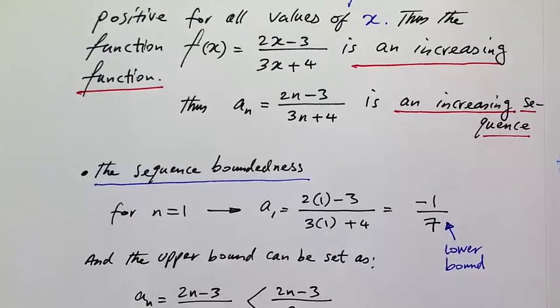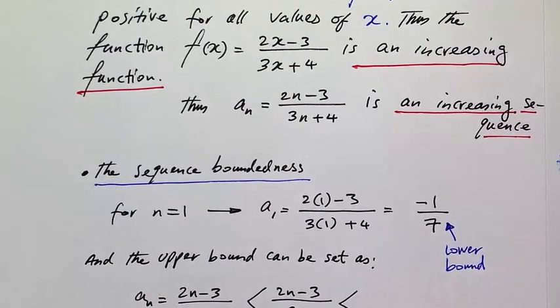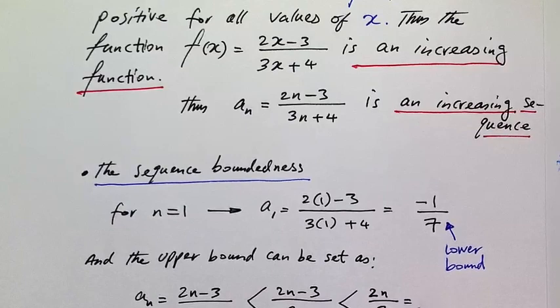We've just made the denominator smaller. The numerator we kept the same, but made the denominator smaller. So for sure, this quantity will always be larger than that. But this quantity is going to be less than 2n over 3n, or 2 over 3, right?